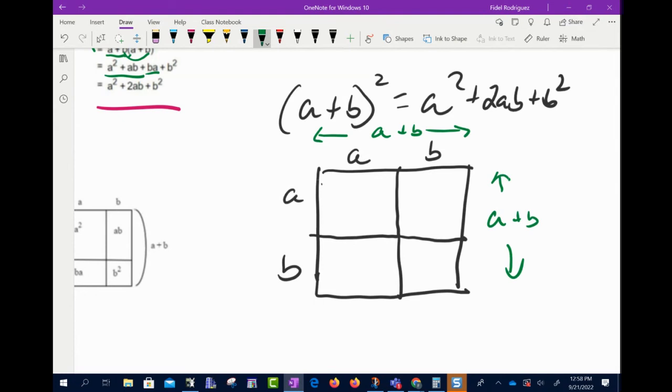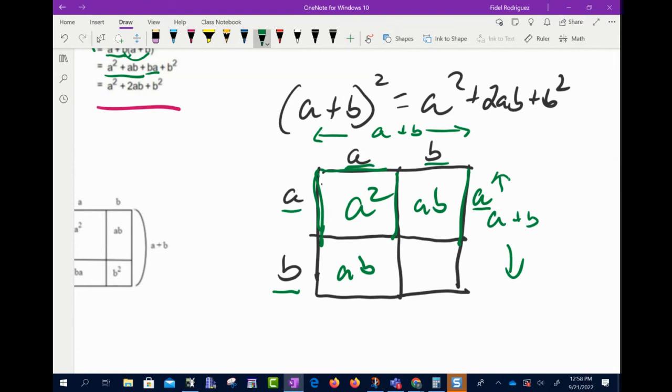Remember how you find the area of a rectangle? You multiply the length times the width. So A times A, that's going to give me an A squared, right? Okay, and A times B, well, that's going to give me an AB, okay? And y'all, if this piece is A, that means that that piece is also A.